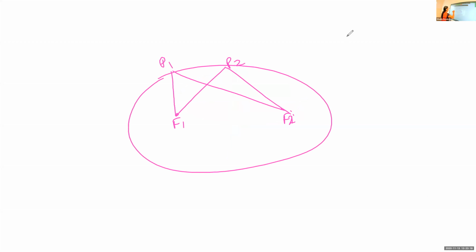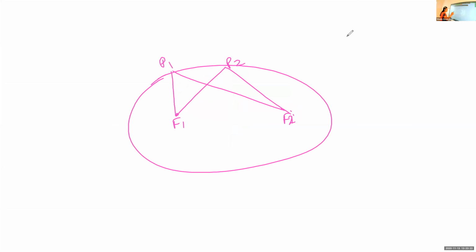We take those points whose sum of the distances from these two points will be the same. Suppose we take P1, suppose we take P2. Then the sum of these distances will be the same. So when you join like this, you'll be getting an ellipse.